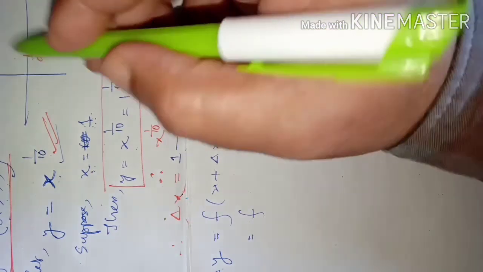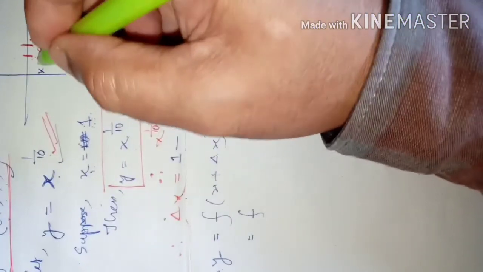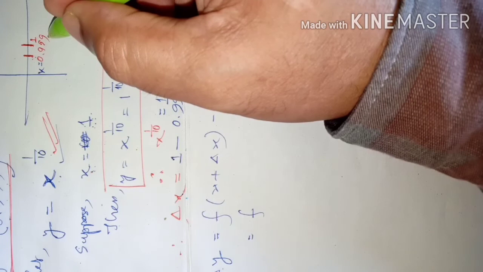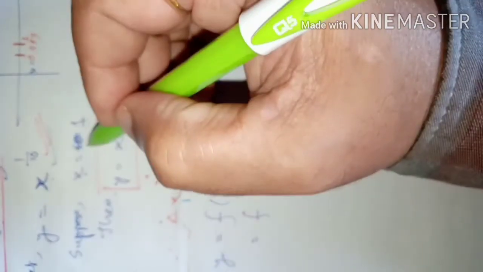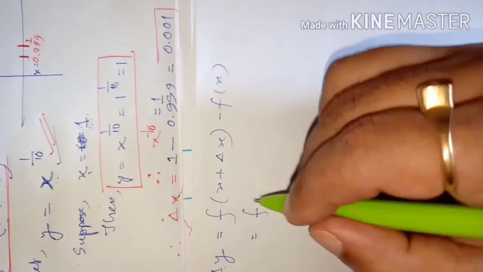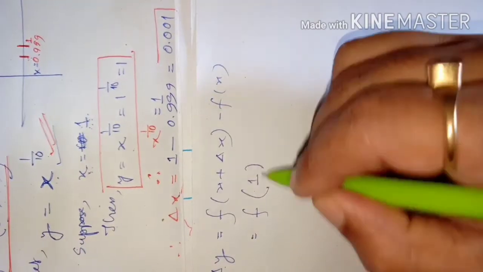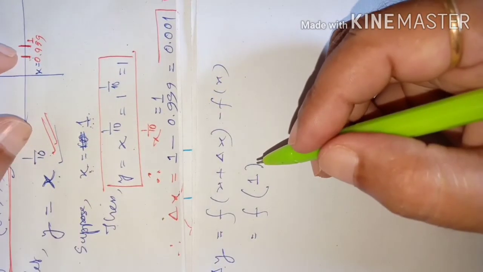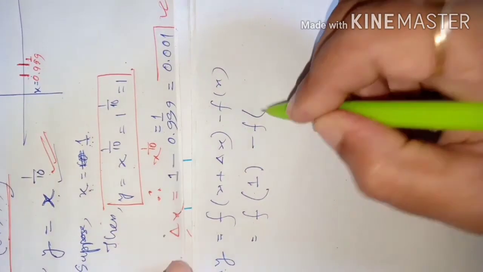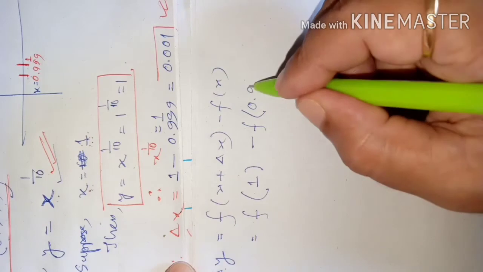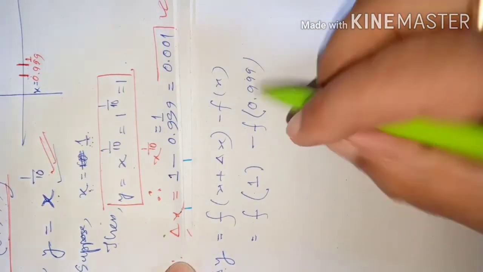So this is our x, x is equal to 0.999. Then if we take 1, that means x plus delta x is nothing but 1. F of 1 we are talking about, the right hand side number here. F of 1 minus f of the previous number. What is that? 0.999. Okay, dear students?